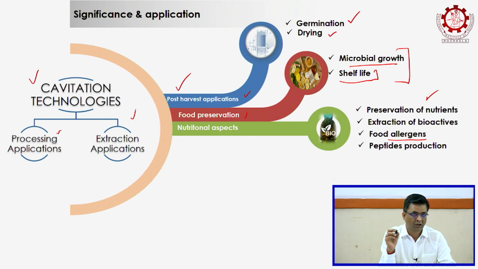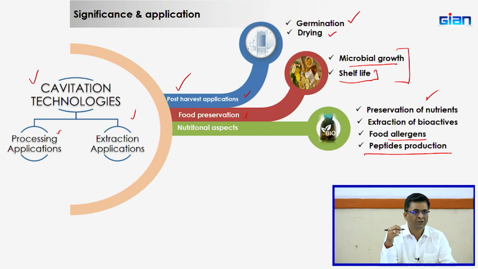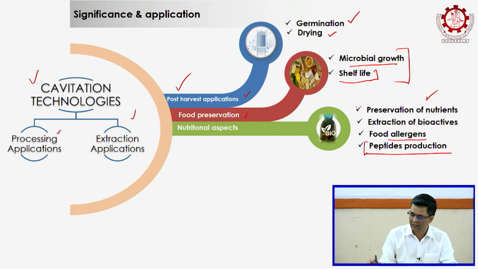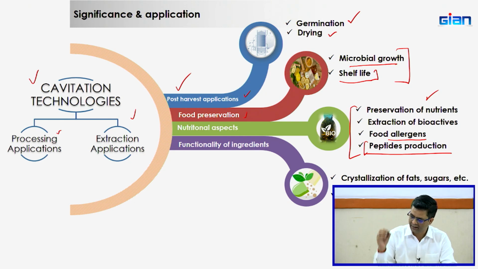So ultrasound is not always for inactivation but also for activation of microorganisms. Peptide production, same way, enzyme plus ultrasound or ultrasound followed by enzyme. So that is all for peptides. This is all related to the nutritional aspect, related to processing as well as extraction side. Functionality, ultrasound assisted crystallization of fats and sugars.